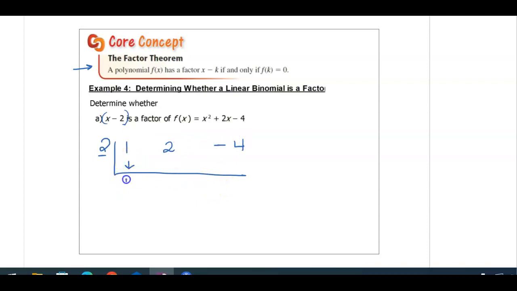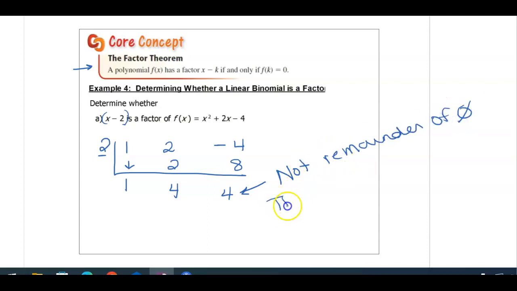Bring the 1 down. 2 times 1 is 2. 2 plus 2 is 4. 2 times 4 is 8. Negative 4 plus 8 is 4. This is not a remainder of 0. Therefore, x minus 2 is not a factor.